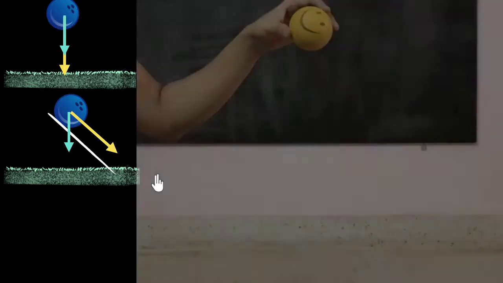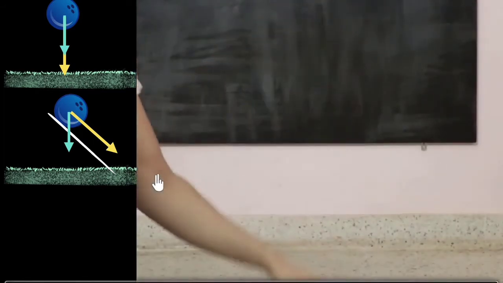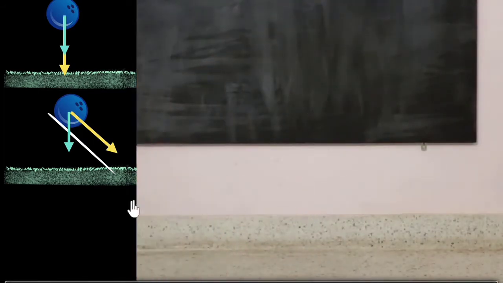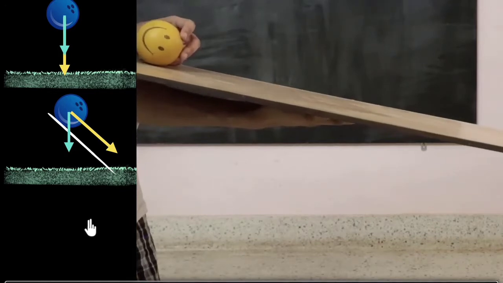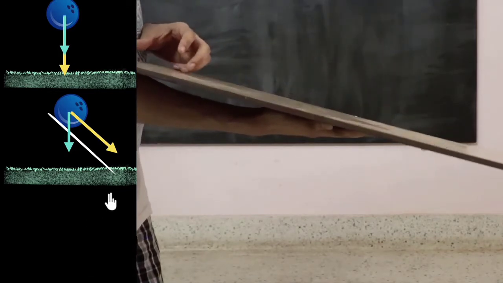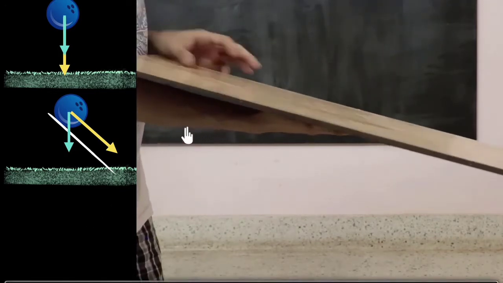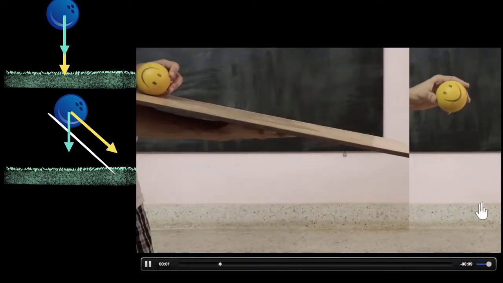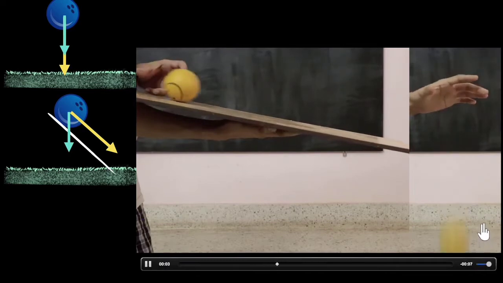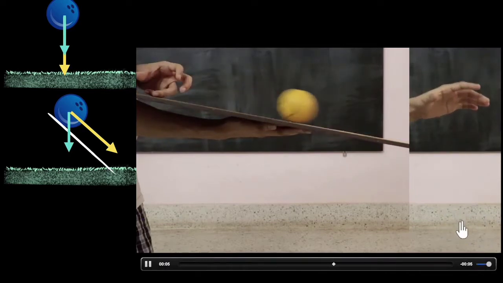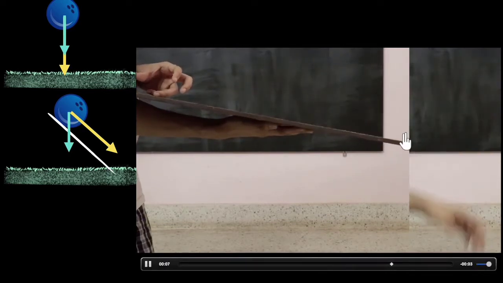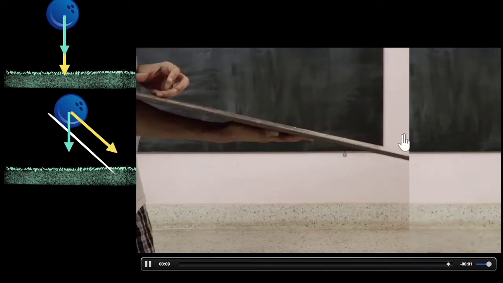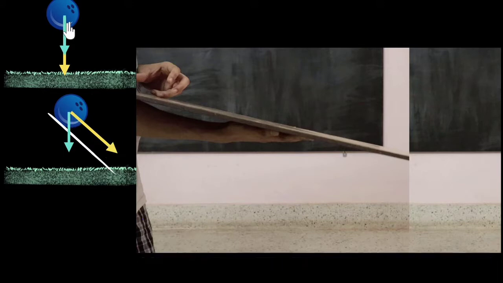Here, let me show you this. So if I drop the ball, see how quickly it just fell down. In the second case, I'll make it slide, and now notice it's a little slower than before. Again, to see it clearly, let's do a comparison side by side in slow motion, and you can see immediately the ball here accelerates down, but over here, notice it's so much slower. So what can we conclude from this?